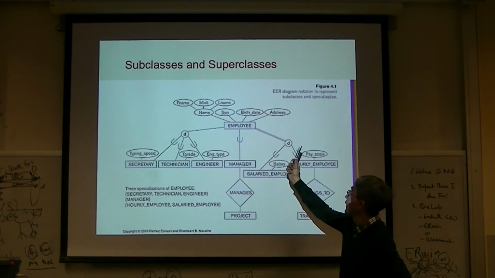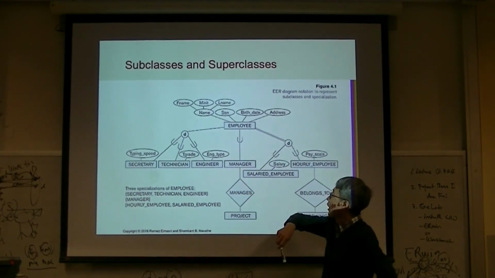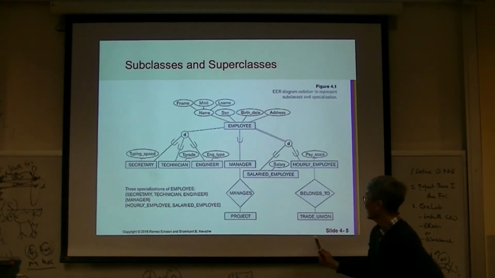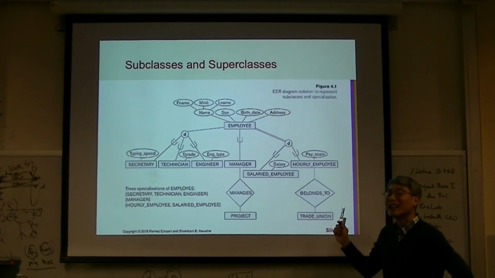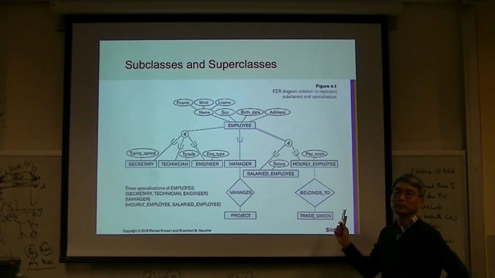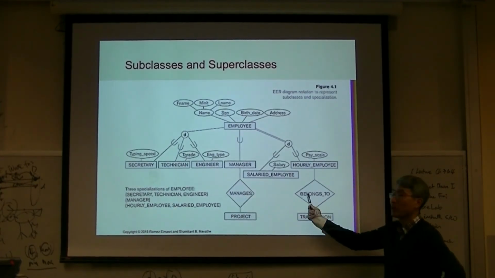Employee. This is one entity. Then Project is the second. Trade union, third one. How many relationship types? Two. Manages and belongs to.